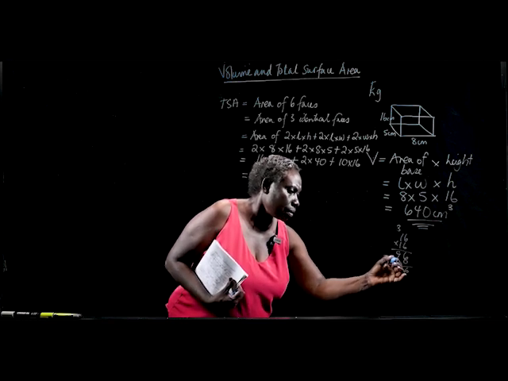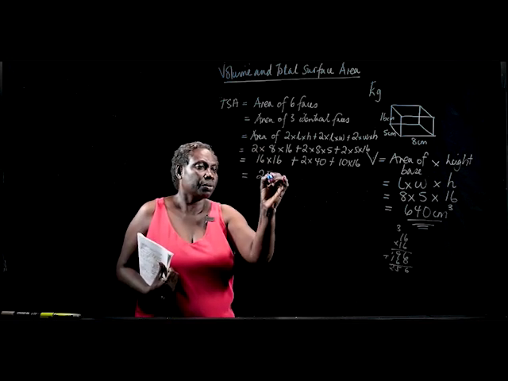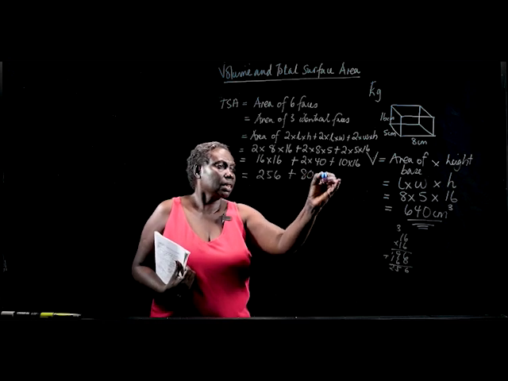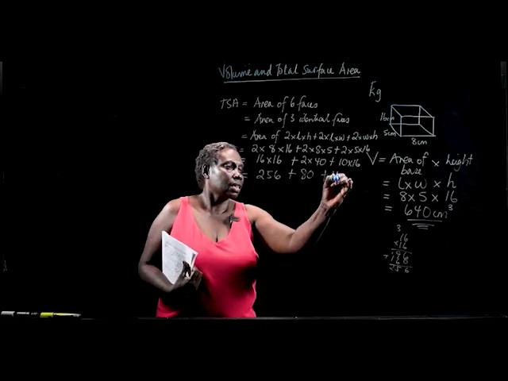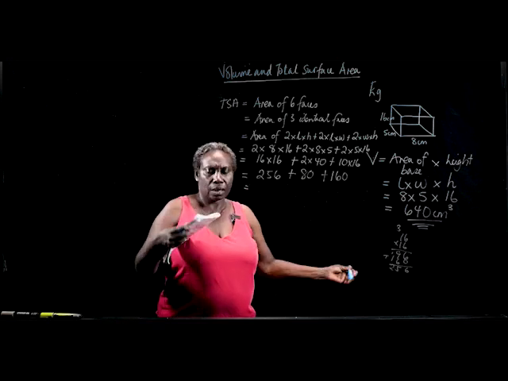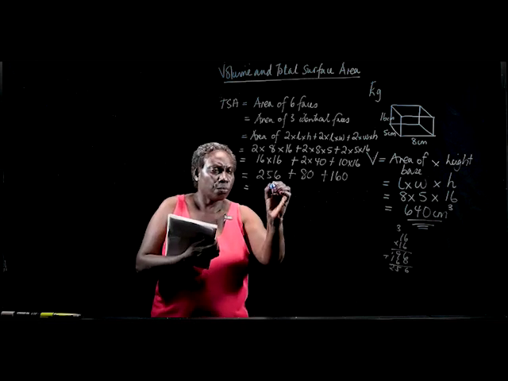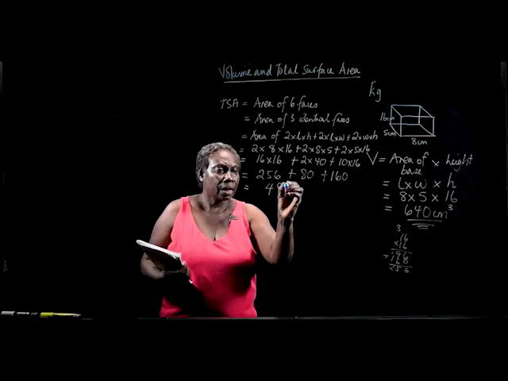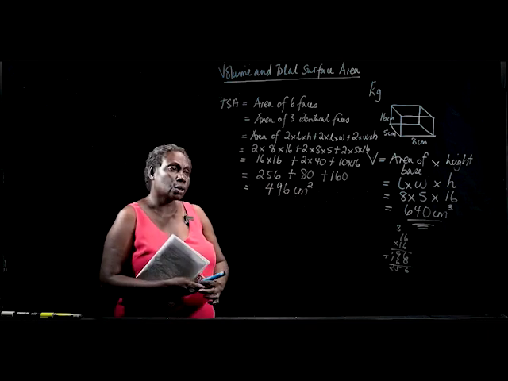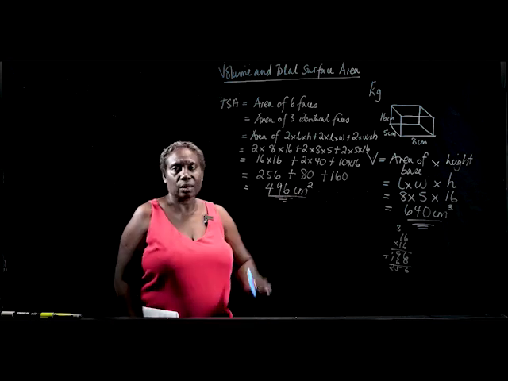We add, that's 5. 256. So we have 256 plus 2 times 40 is 80. Plus 10 times 16 is 160. And that gives us a total of 496 square centimeters. Total surface area is always in square centimeters.